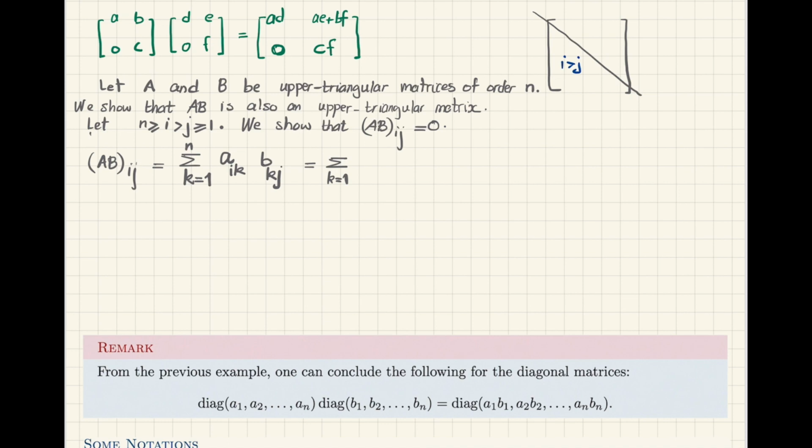So k goes from 1 up to j minus 1, and j I consider individually.